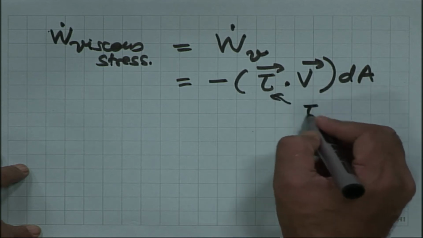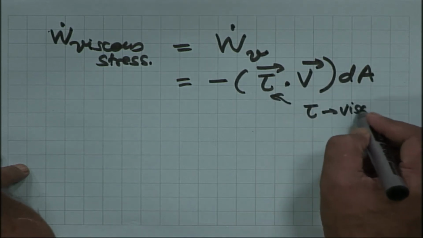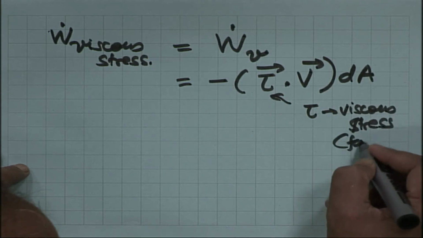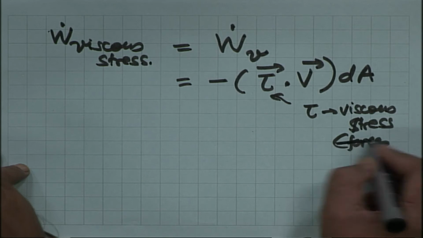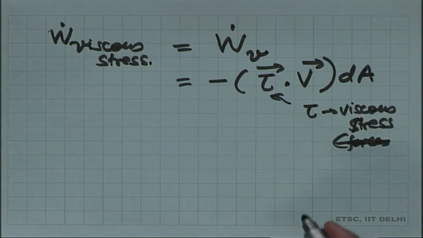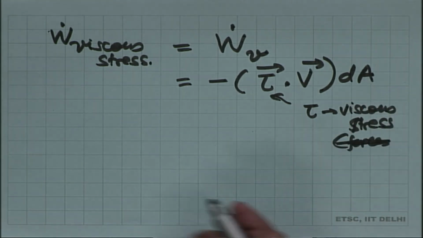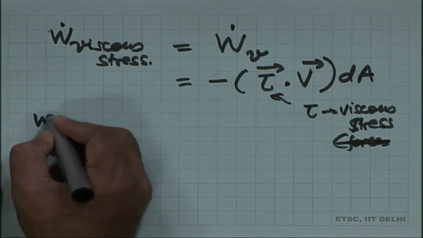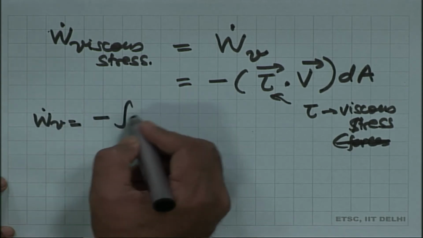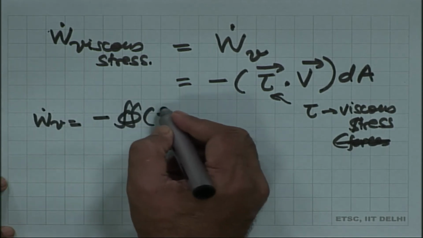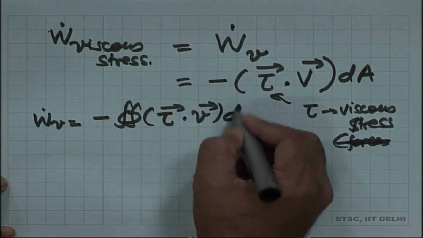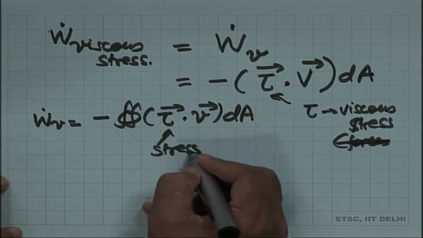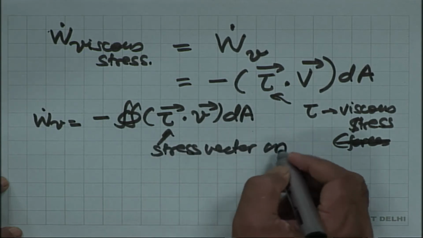So, tau are the viscous stresses and force, where we have taken it as a stress vector. So, tau dot V dA will give me the viscous work, and W dot V is equal to minus the integral over the control surface tau dot V dA, where tau is the stress vector on the surface.